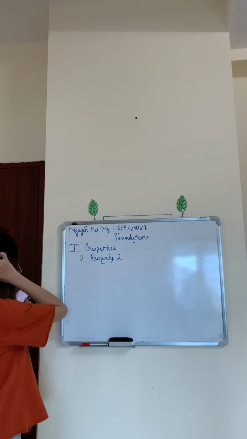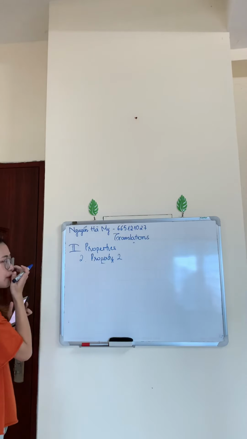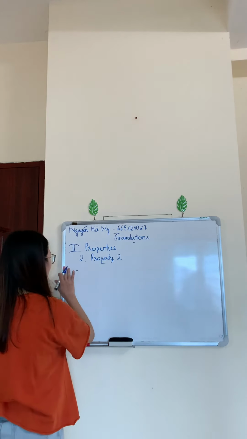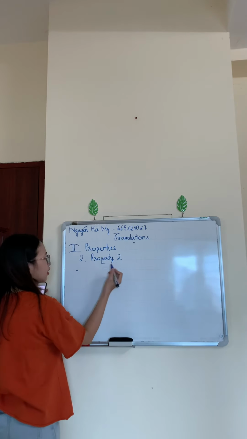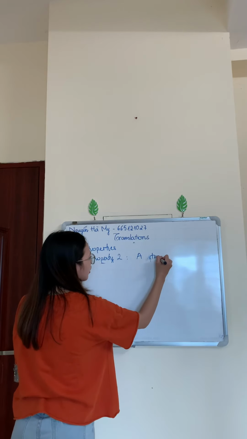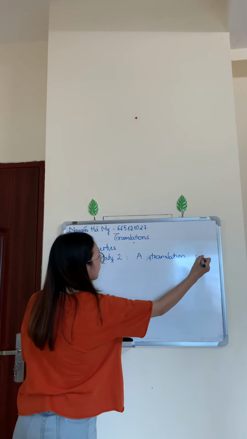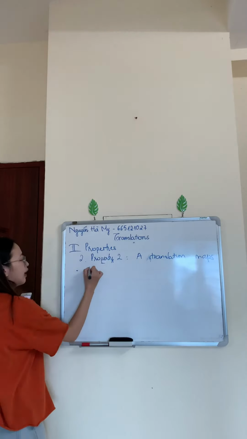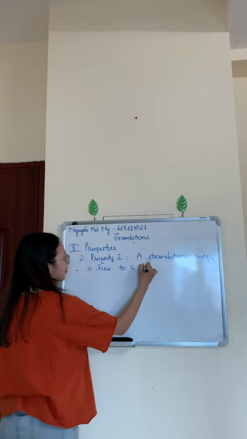Property 2. In property 2, we have a statement like this: a translation maps a line to a line.